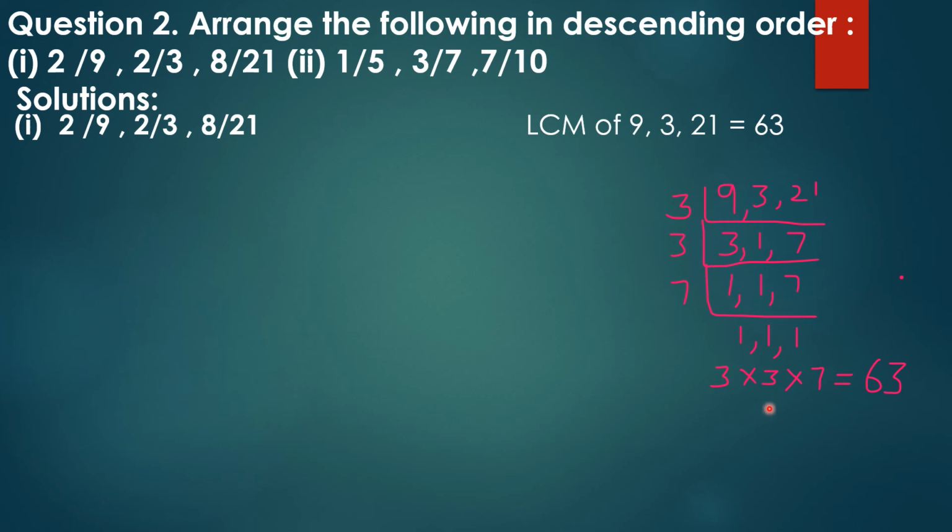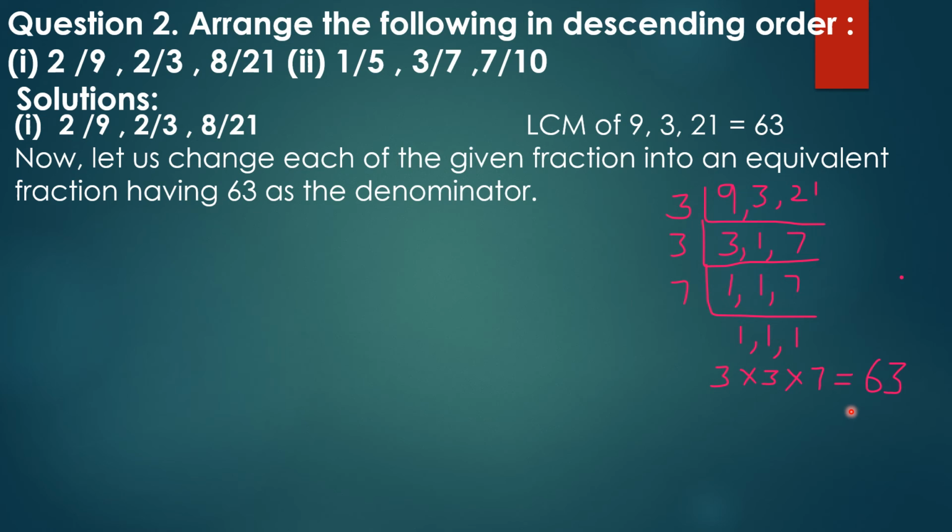So, 3 into 3 is 9. 9 sevens are 63. Therefore, the LCM of 9, 3, 21 is 63. Now, what is the next step? We have to change each of the given fractions into equivalent fractions so that the denominator should be 63. Therefore, consider the fractions one by one.